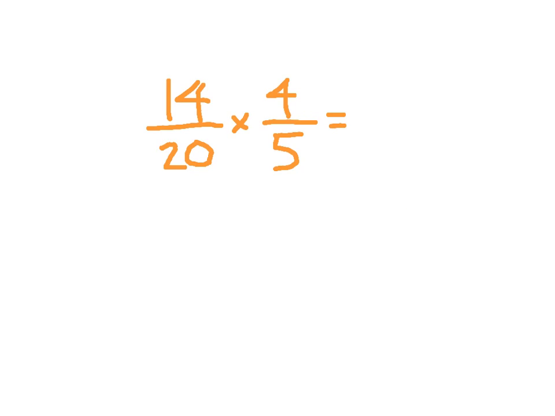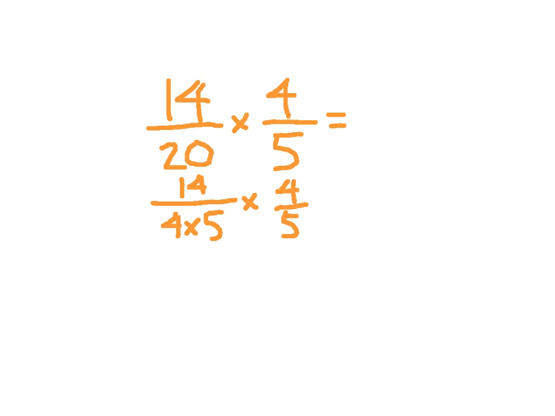Again, continuing with our common factors approach, I have 4 in the numerator here, and I know that 20 can be rewritten as 4 times 5. And that way I kind of save a step right here. So I have 4 times 5 here. I have 14 in the numerator here still, and I have this 4 here and the 5 here.